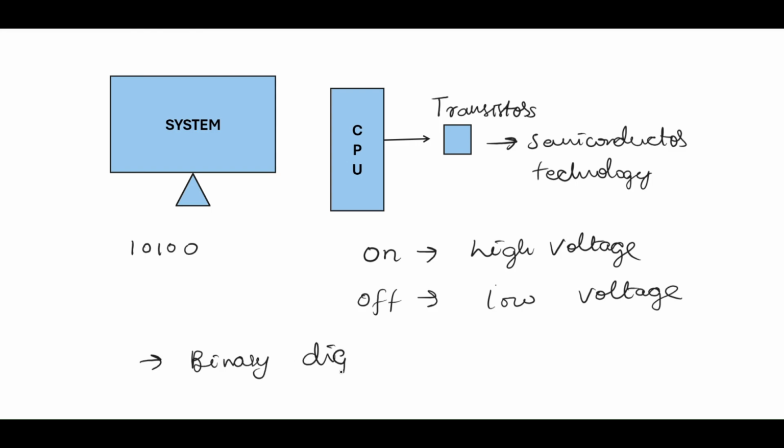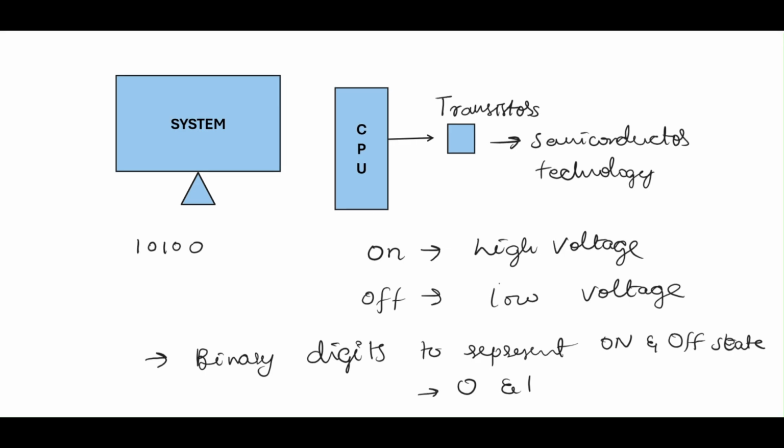So we use binary digits, zeros and 1, to represent the on and off states. Here 1 means high voltage and 0 means low voltage. Even images and videos are understood by the system in the form of binary language. That's why the system understands only binary language.